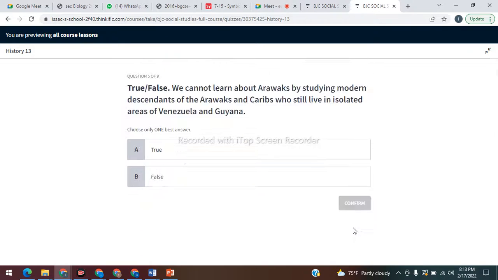True or false? We cannot learn about the Arawaks by studying the descendants of the Arawaks and Caribs who still live in isolated areas of Venezuela and Guyana. False. Yes, has to be B as well.